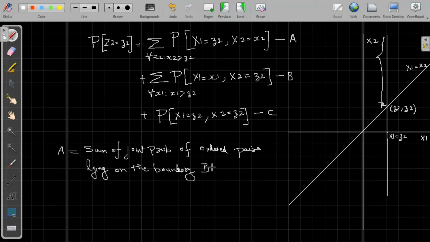I am calling this boundary B1. So all points lying on this line which are above point P form the boundary B1.